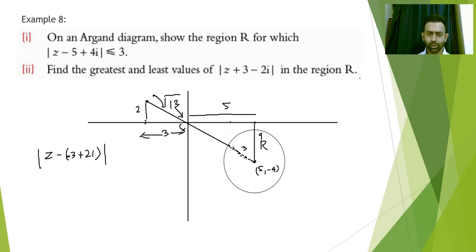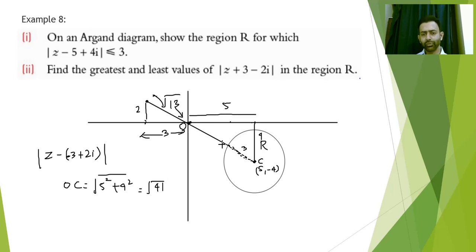So this is 5, this is 4. So this is your origin and this is the center C. So the distance OC is root of 5 square plus 4 square, which is root of 25 plus 16, that is root 41. Okay, this distance is root 41, right?